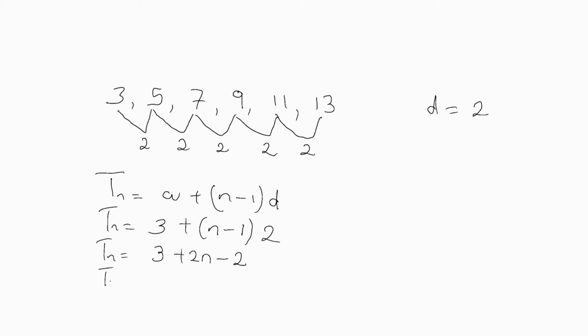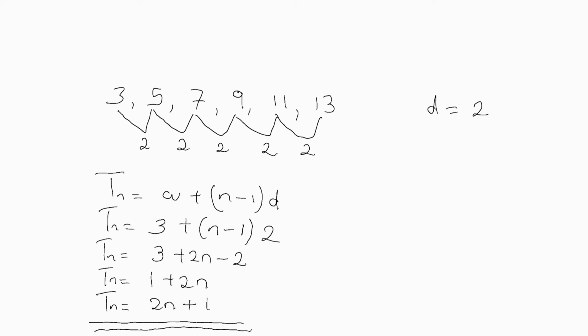So Tn is equal to 3 minus 2, that is 1, plus 2n. So therefore our equation looks like this. It's actually the same thing, I just decided to start with the 2n and end with the positive 1. And that is just how we determine the equation of an arithmetic sequence.